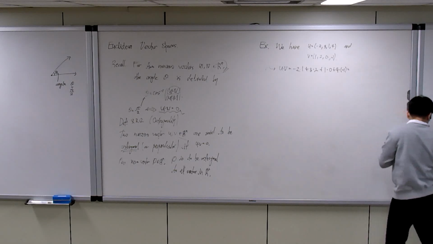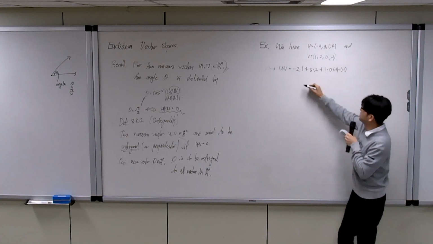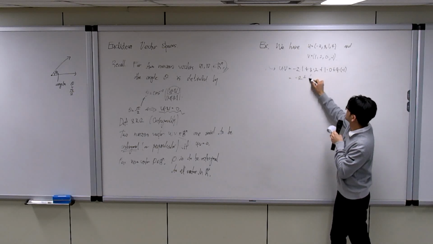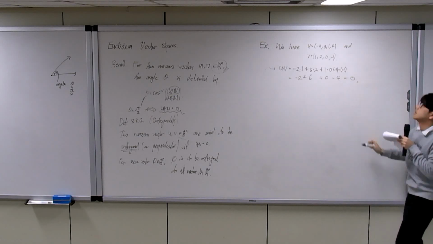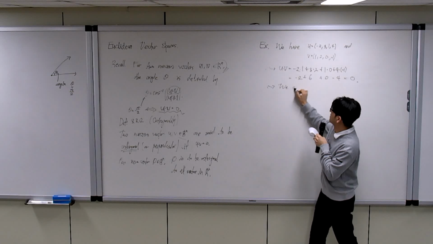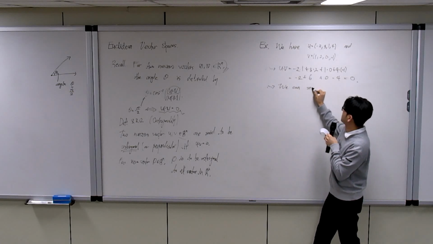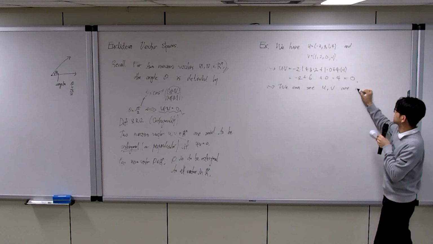If you calculate it, you get minus 2 plus 6 plus 0 minus 4, so it is 0. So we can see u and v are orthogonal.